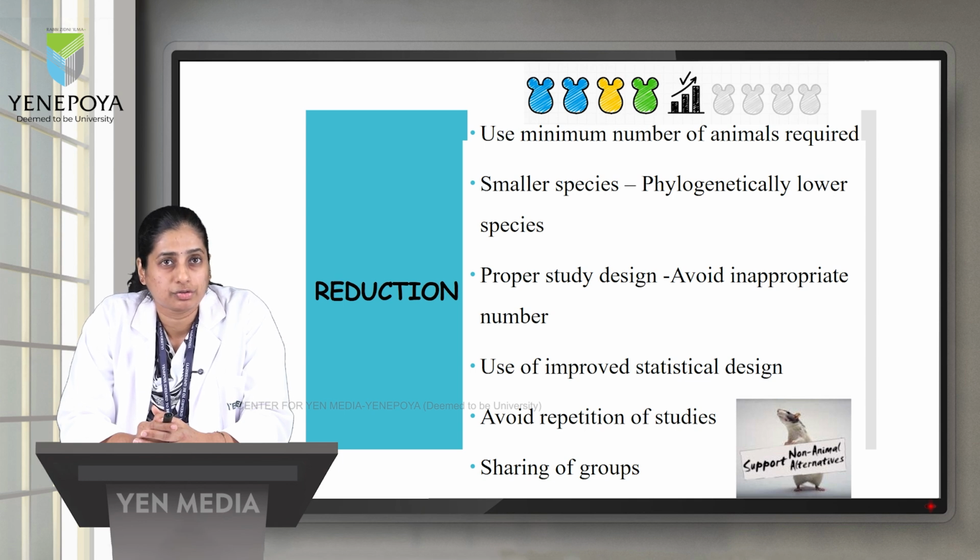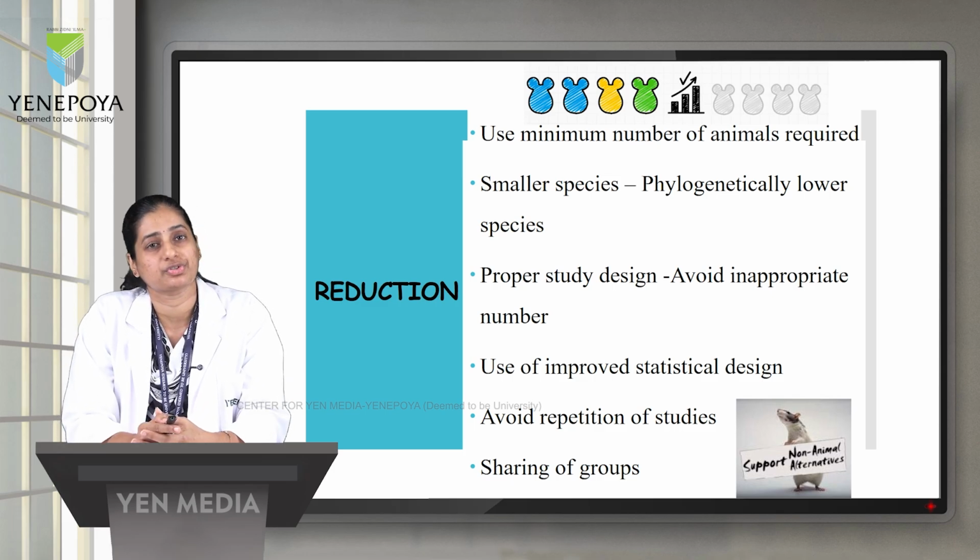Whether a Drosophila model is done, fishes are done, then going on to rodents and higher up in the phylogenetic scale. Whether proper study design is applied to avoid inappropriate increase in the number, and an improved statistical design is applied to reduce the number of animals to be used in the study.